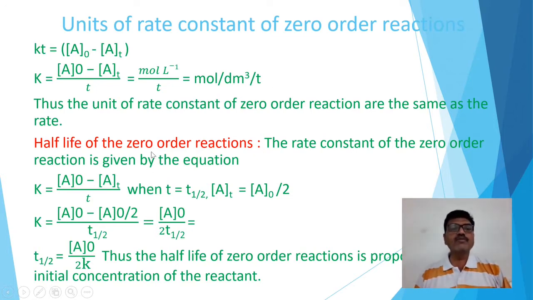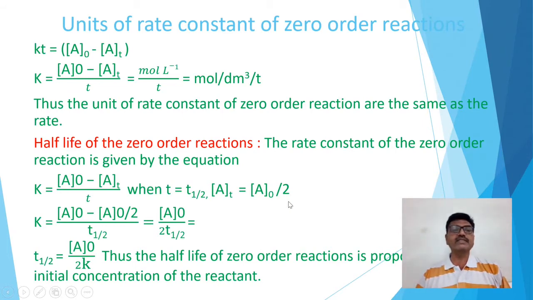Then half-life of the zero order reaction. The rate constant of the zero order reaction is given by the equation k is equal to A0 minus At upon t. When t is equal to t half, that is for the half life, At is equal to what? A0 upon 2, that is 1/2 of the concentration A0 at time t.